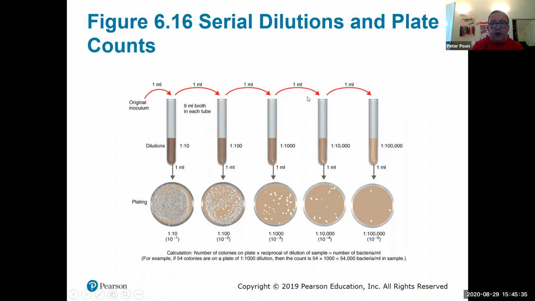That means this will be 30, this will be 300, this will be 3,000, and this will be 30,000. Okay, and so you can see this is countable. This is easily countable. This is countable. This is borderline countable. This is impossible, and this is beyond imagination. Okay.